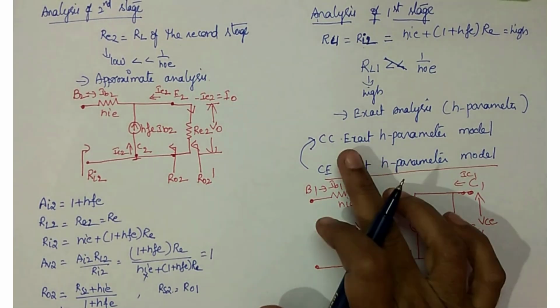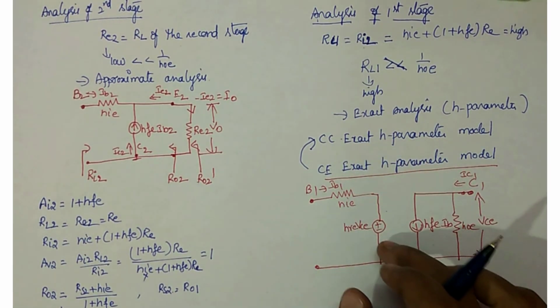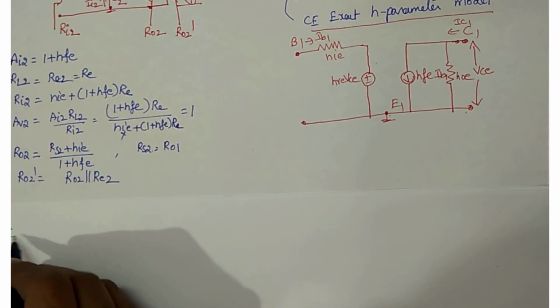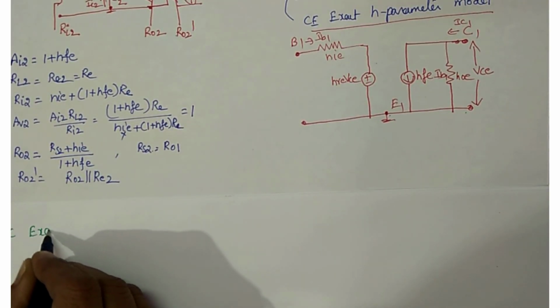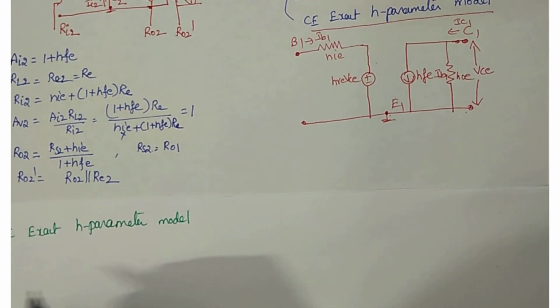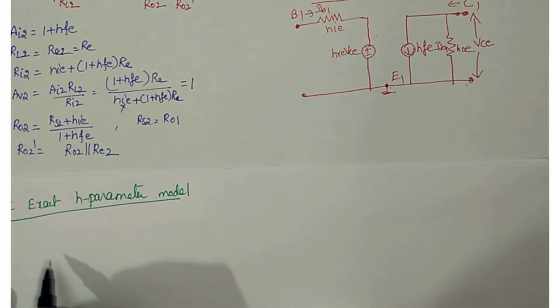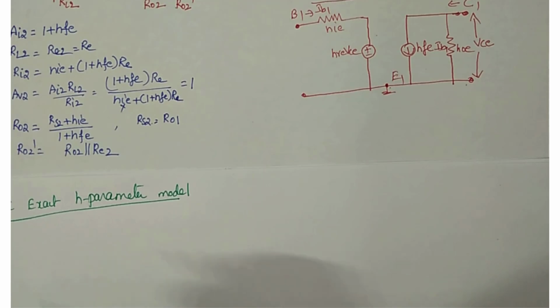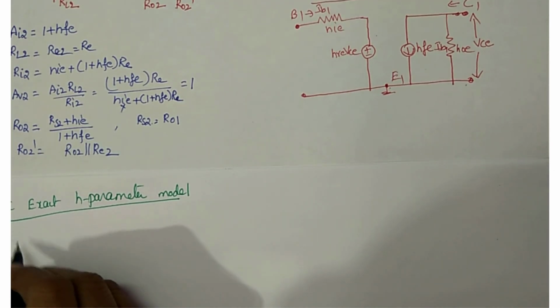Now we'll draw the CC exact H parameter model from this. What is the input terminal for CC?